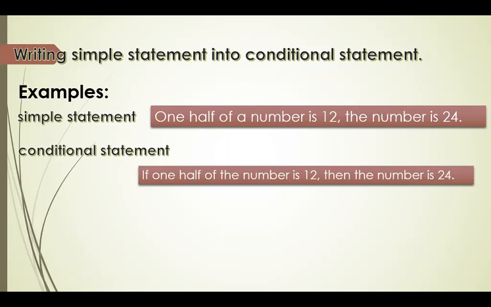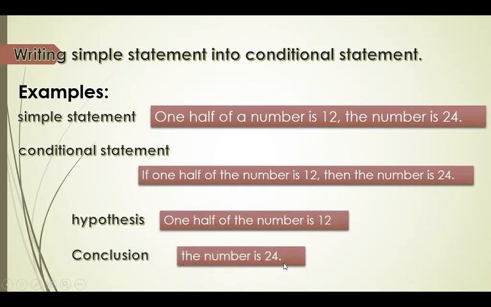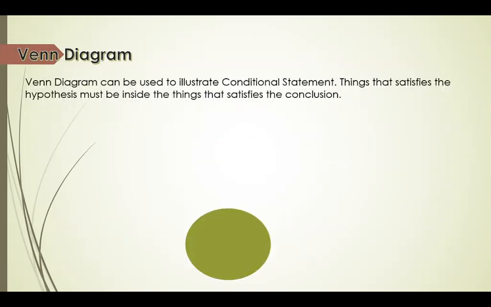Kasi kalahati ng 24 ay 12. So, we have here the word if, and then we attach the word then. So, based from that, our hypothesis is 1/2 of the number is 12 kasi ito yung statement na may kasamang if. And our conclusion, the number is 24. So, I hope you get how to write a simple statement into conditional statement.